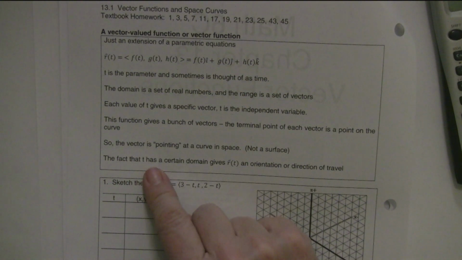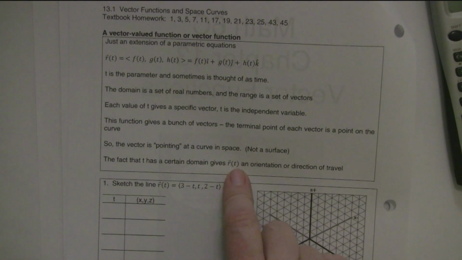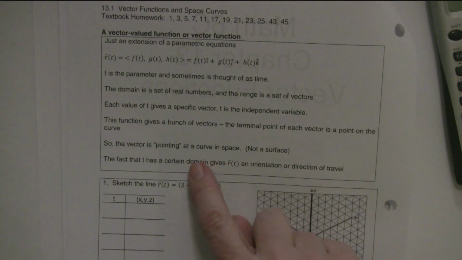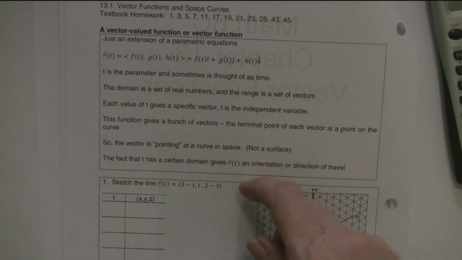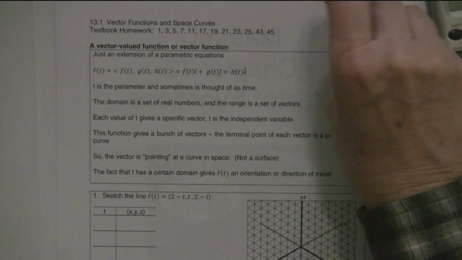The fact that t has a certain domain gives our vector function an orientation, or a direction of travel. We'll look into that just a little bit and see how things go.